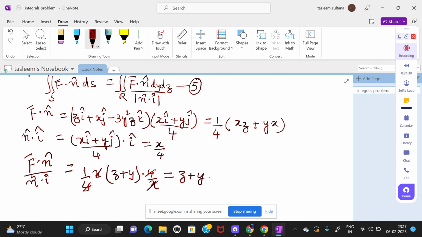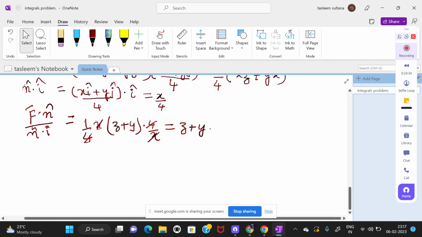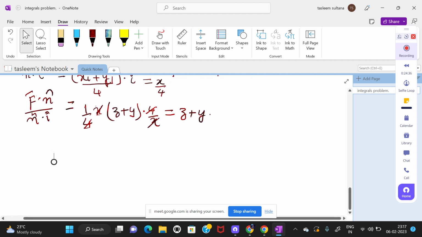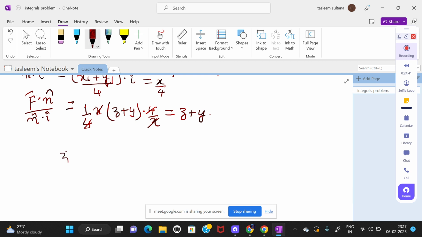Yes, Aditya. They have given that z varies from 0 to 5, and they have given the circle equation x square plus y square equal to 16.